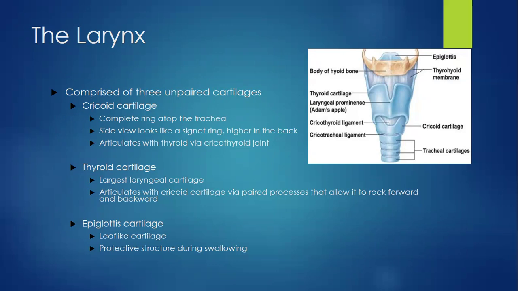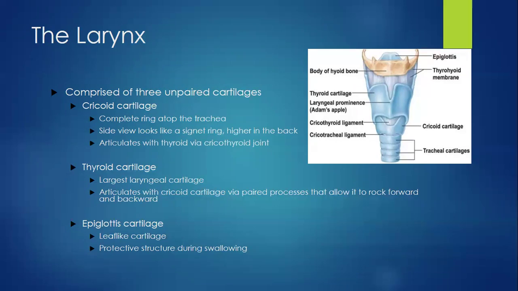And then the third unpaired cartilage is the epiglottis. The epiglottis, you know about it from dysphagia. You've also learned about it in voice disorders and probably in your other anatomy classes. But the epiglottis is that leaf-like cartilage that flops over your airway to protect your airway from foreign materials, okay?